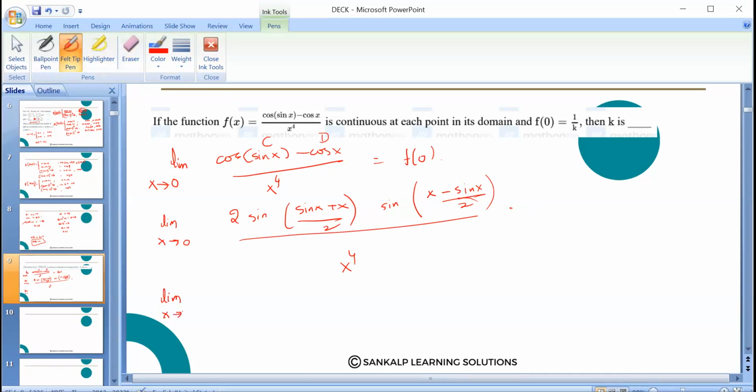I will first of all take 2 and then sine of x plus sin x by 2, sine of x minus sin x by 2.